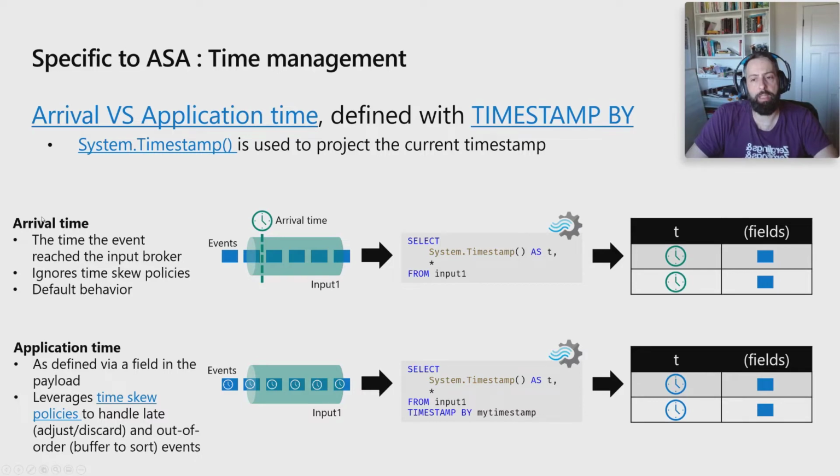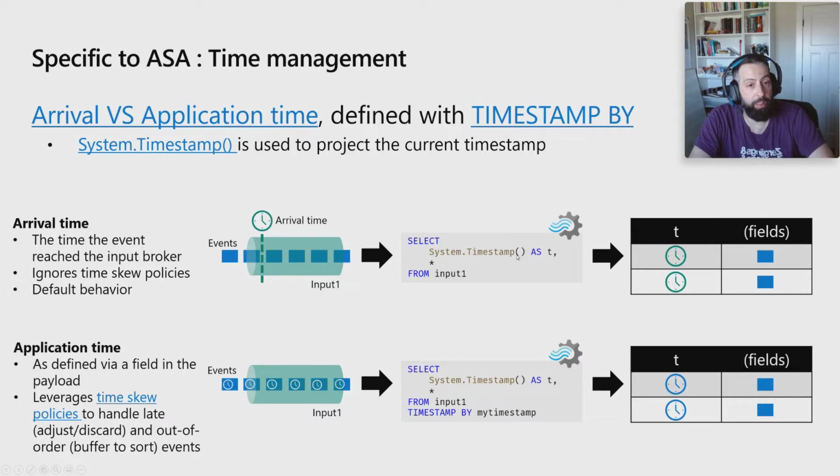Arrival time is when you look at data coming into your input event hub or event broker stream, you can just look at the world clock time and say, okay, this record shows up at 10:00. Well, that's going to be its timestamp, and any time logic I apply from now on is about the time that record shows up to my system.